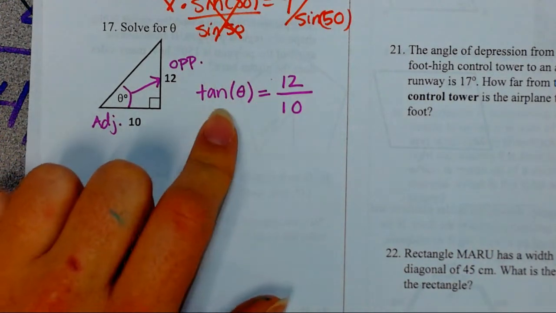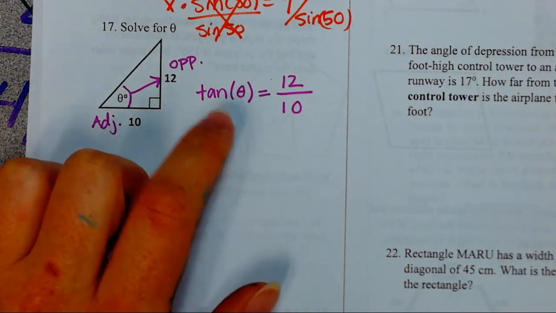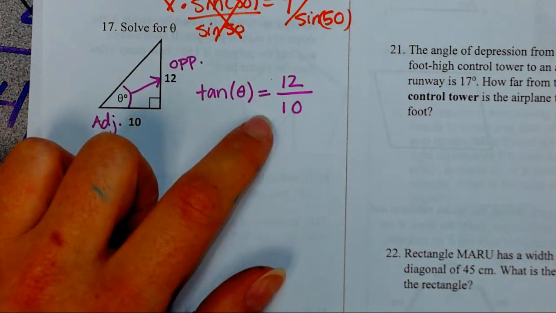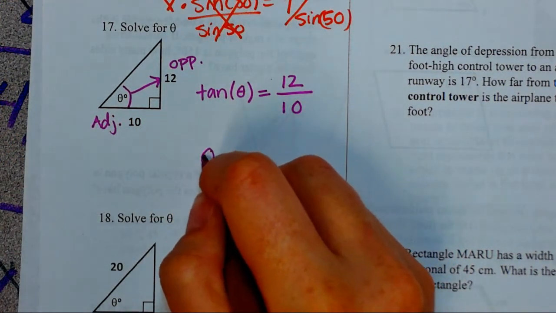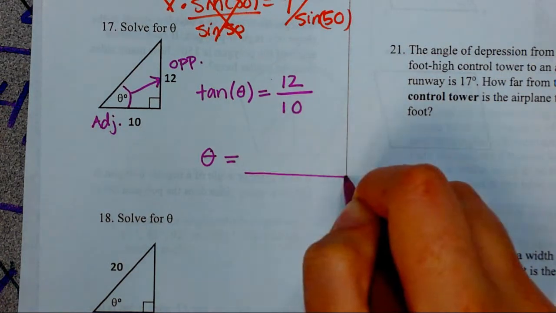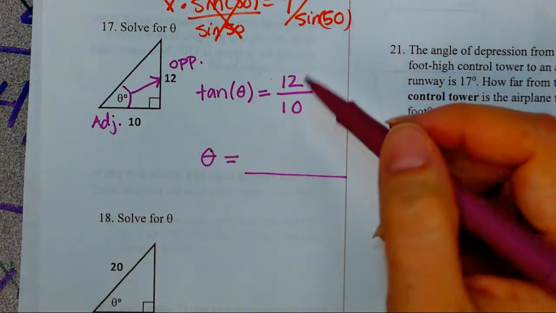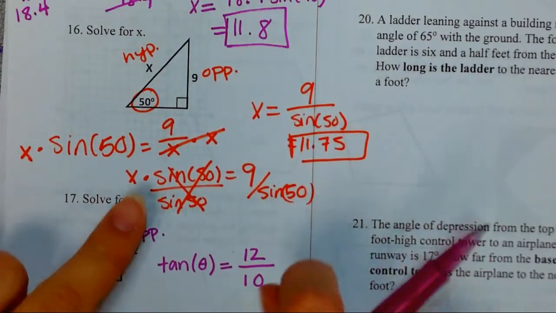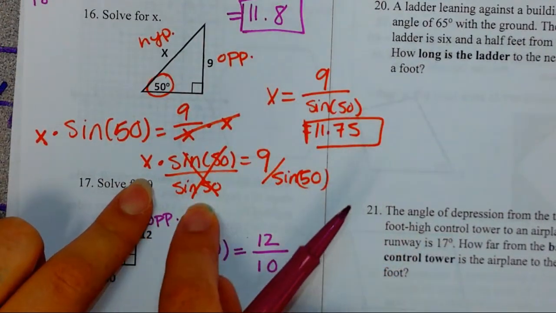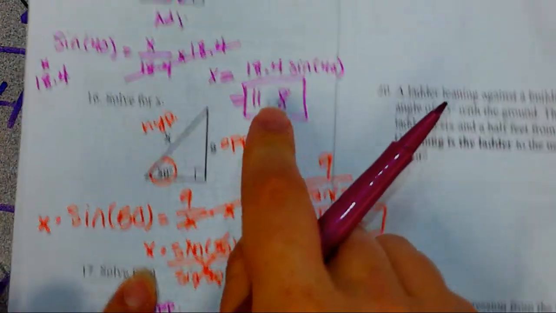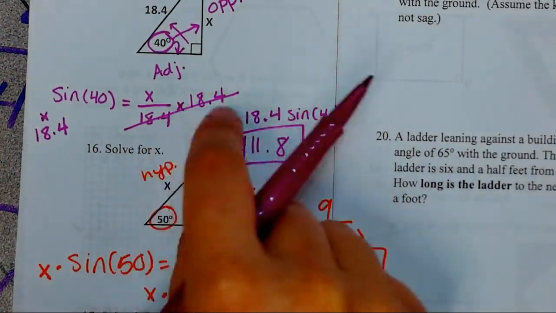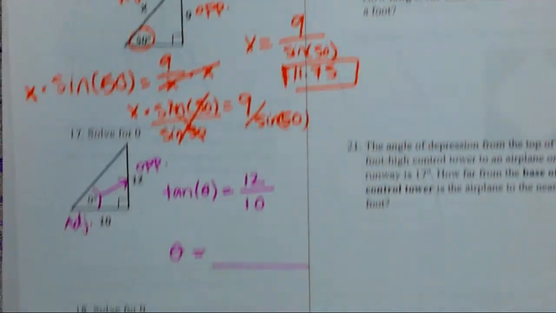Now the idea here is that you have to get rid of the tangent to isolate theta, because you want to get to a point where you say theta equals something, right? So like how here, if we're multiplying, we use division to cancel the multiplication. And if we're dividing, then we multiply to cancel the division.